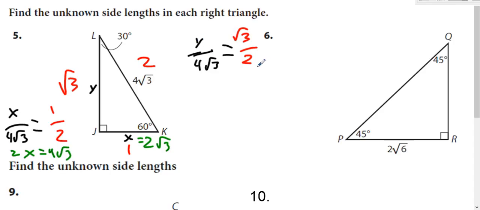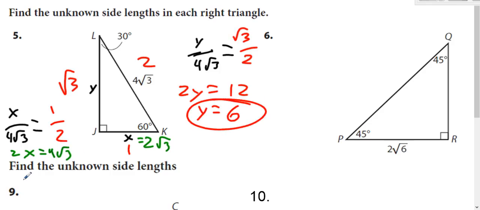So when you cross multiply, you get 2y equals square root of 3 times square root of 3, which is just 3, times the 4 is 12. So we have 6 and 2 square root of 3.